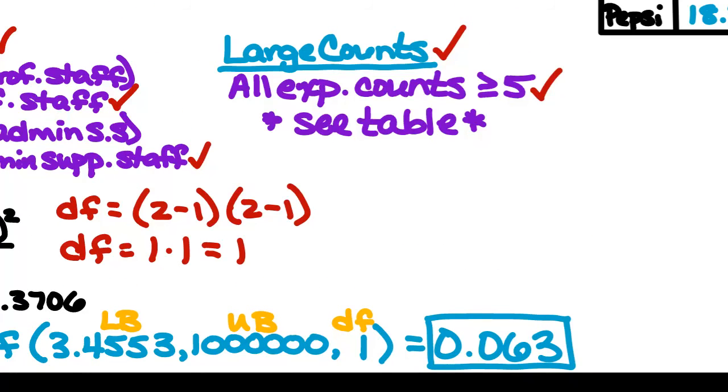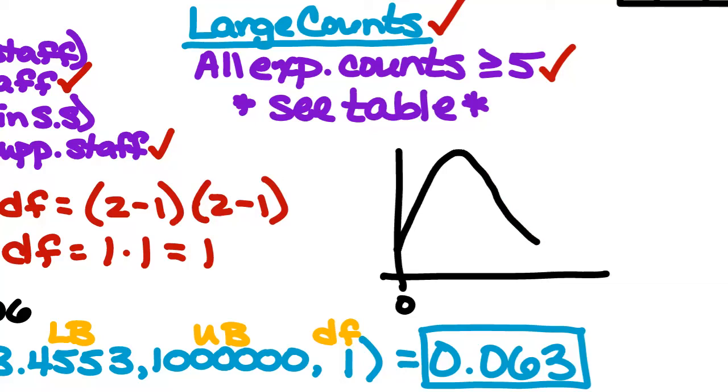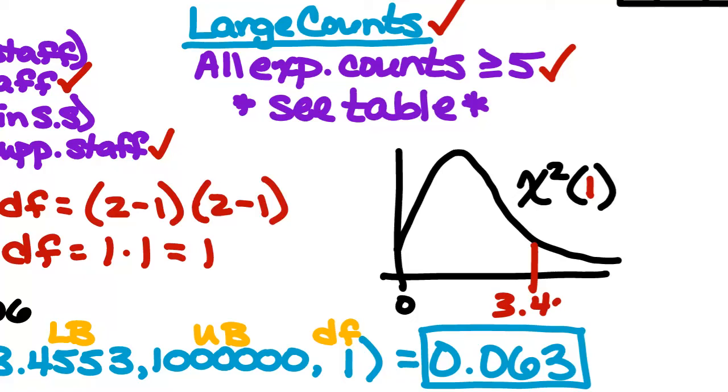I still need to draw my picture. So it's 0, big bump here, and then a tail off to the side. Chi-square with 1 degree of freedom. My test statistic, 3.4553.